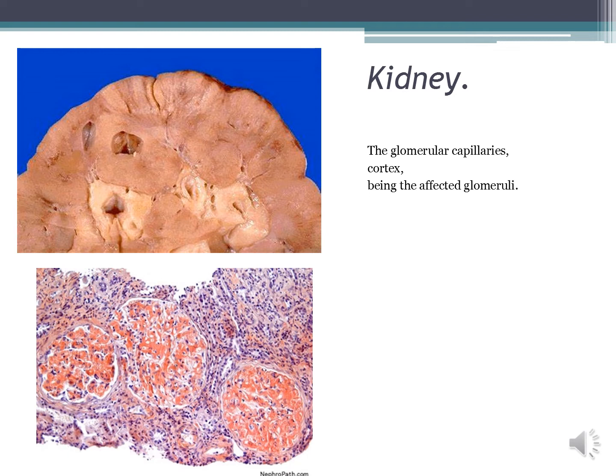So there are various locations of these amyloid accumulations: in the stroma, in the basal membrane of the convoluted tubules, within the vessel's wall, and on the basal membrane of the glomerular capillaries. So the glomerular capillaries, the cortex, are affected.